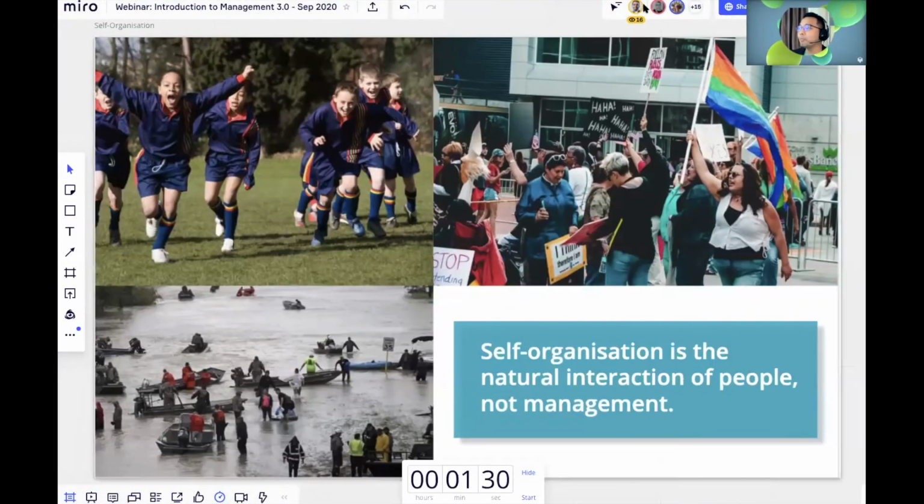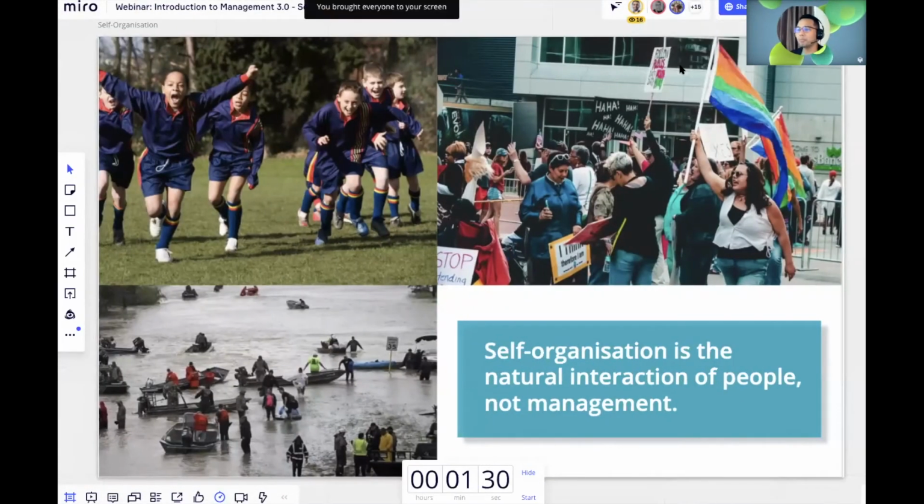I'm going to bring you to my screen on Miro again. This is what I say. Self-organization, which is a big deal if you are in Agile, is the natural interaction of people and not management. Imagine you are part of a football team. A football team, a soccer team, is made up of 11 people. What if 5 were managers and 6 were workers?